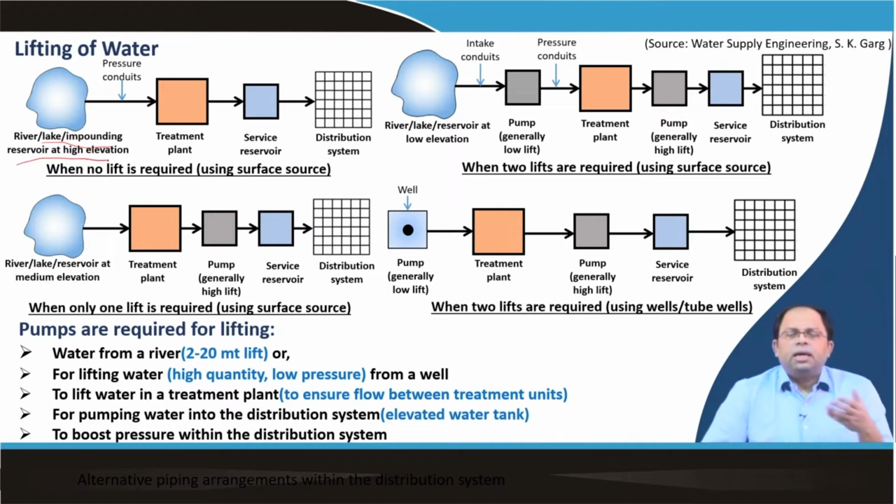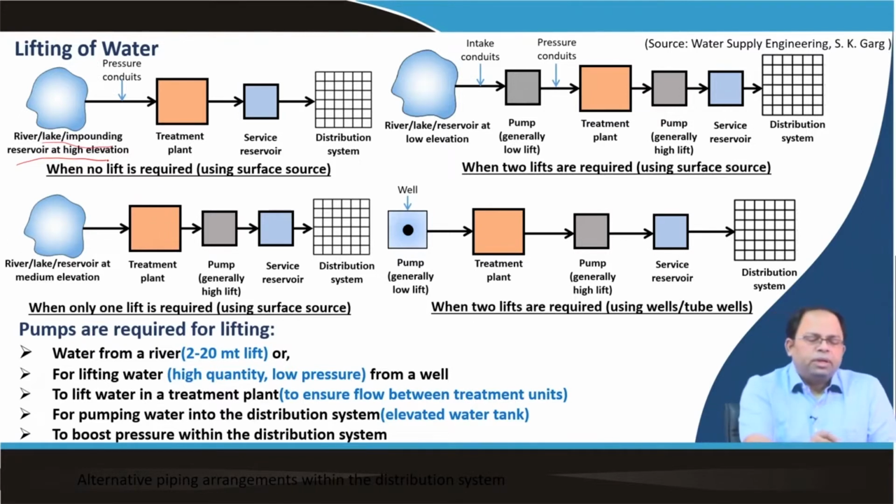So, the water body is already at a higher elevation. Because of gravity, water will flow from that elevation to lower elevations, or you can say there is already higher pressure in that flow, through these pipelines or pressure conduits. Because water supply water flows under pressure, we call them pressure conduits instead of gravity flow.